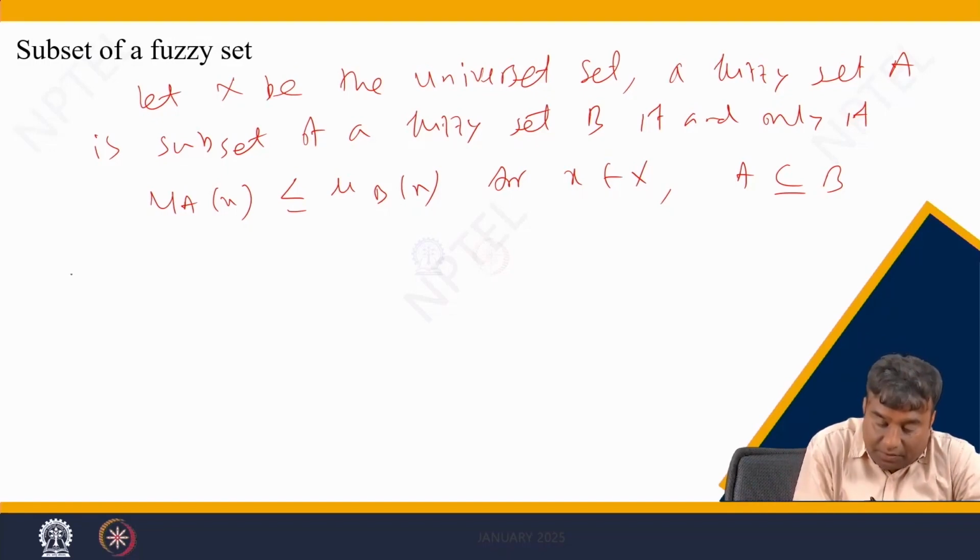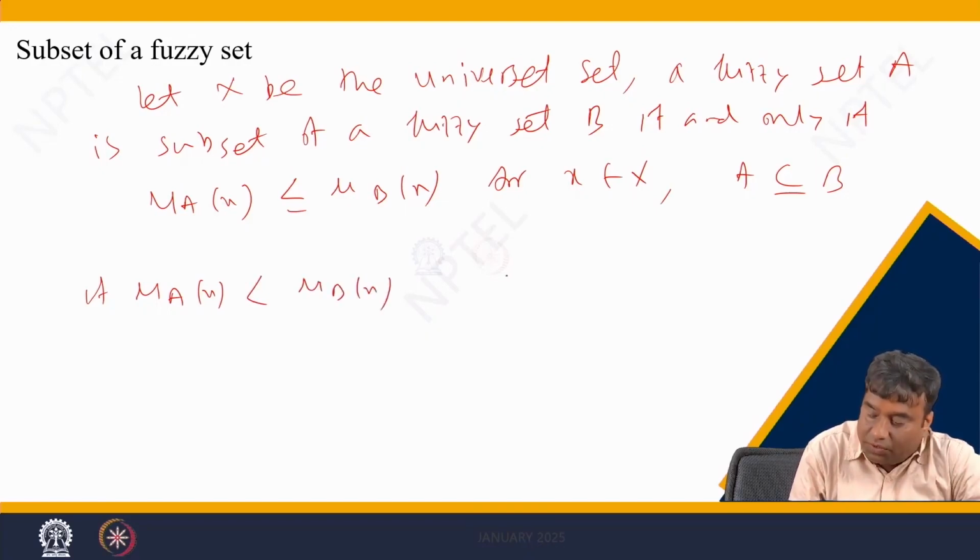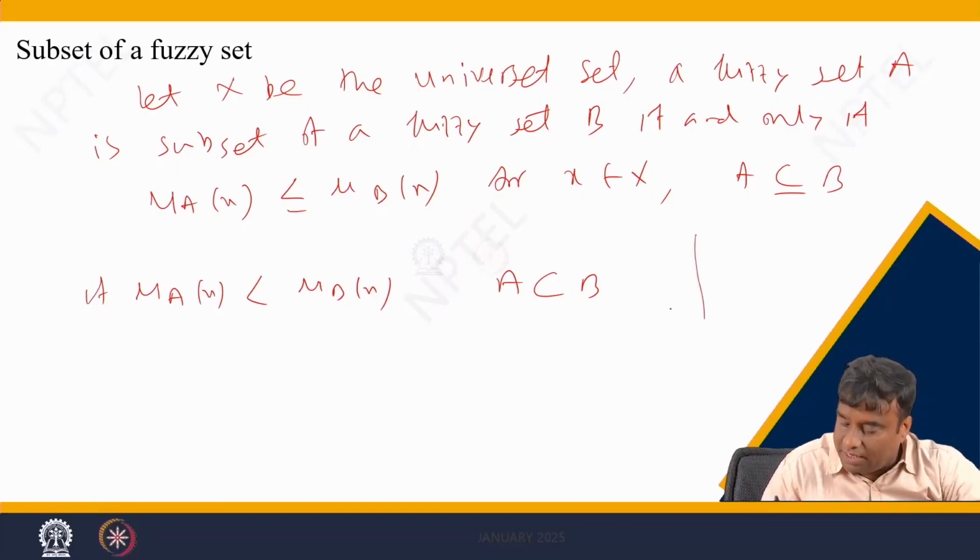And if similarly mu A x is less than mu B x, you can say A is a proper subset of B. So graphically you can write like that. Suppose this is B, so A's membership should be less than that, so it may be like this type of graph.